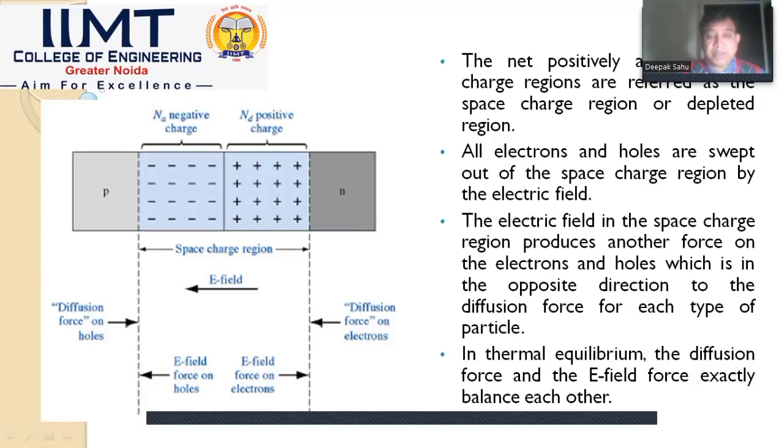So once after manufacturing, in a junction diode a depletion region is formed. So unless and until an external field is applied in the positive direction, there will be no charge carriers present inside this space charge region.